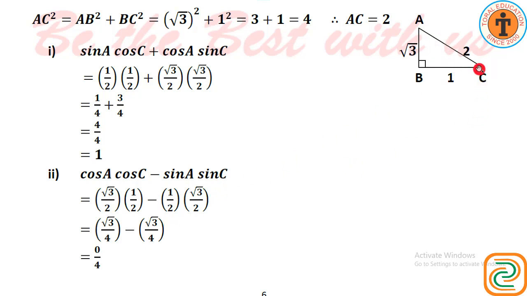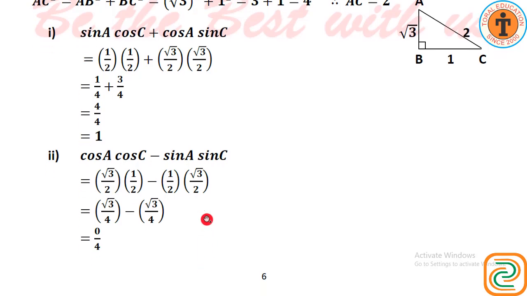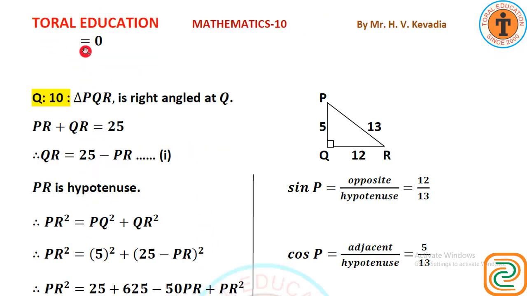Sin C, opposite AB upon hypotenuse 2, root 3 by 2. Root 3 times 1 is root 3, 2 times 2 is 4. So root 3 by 4 minus root 3 by 4, that is 0 upon 4. We get 0. So the answer is 0.